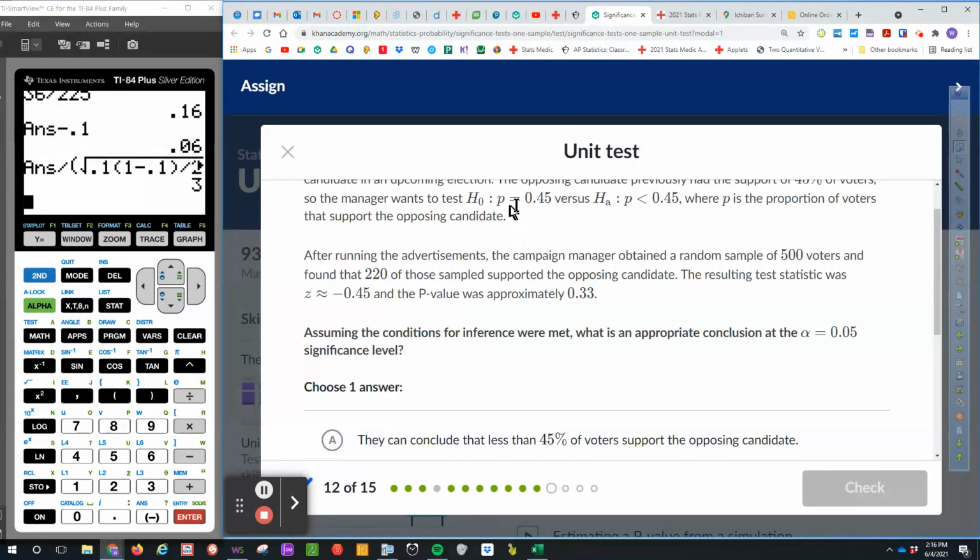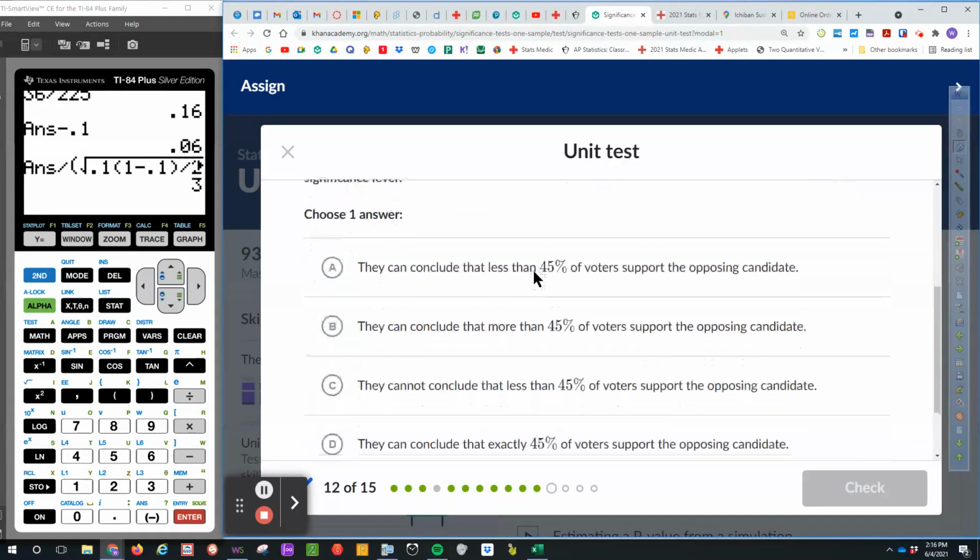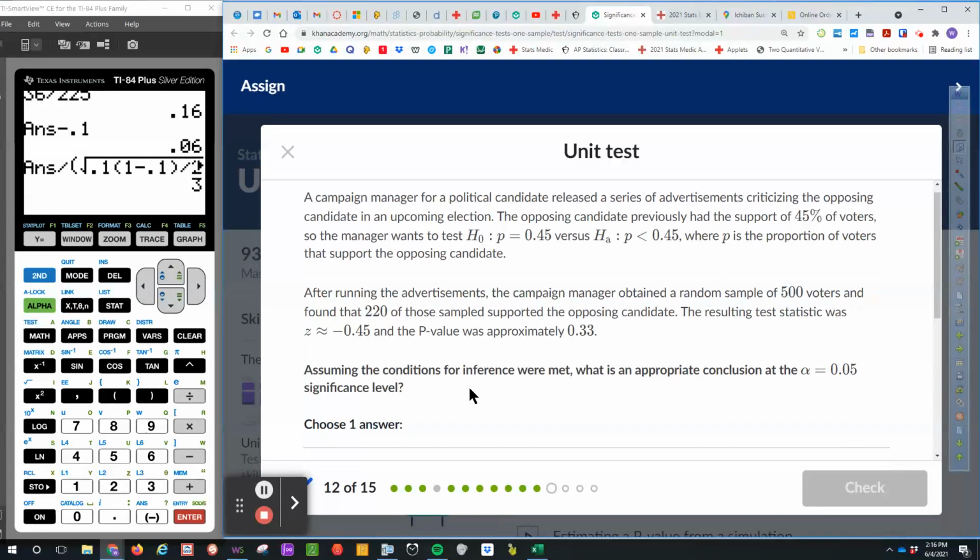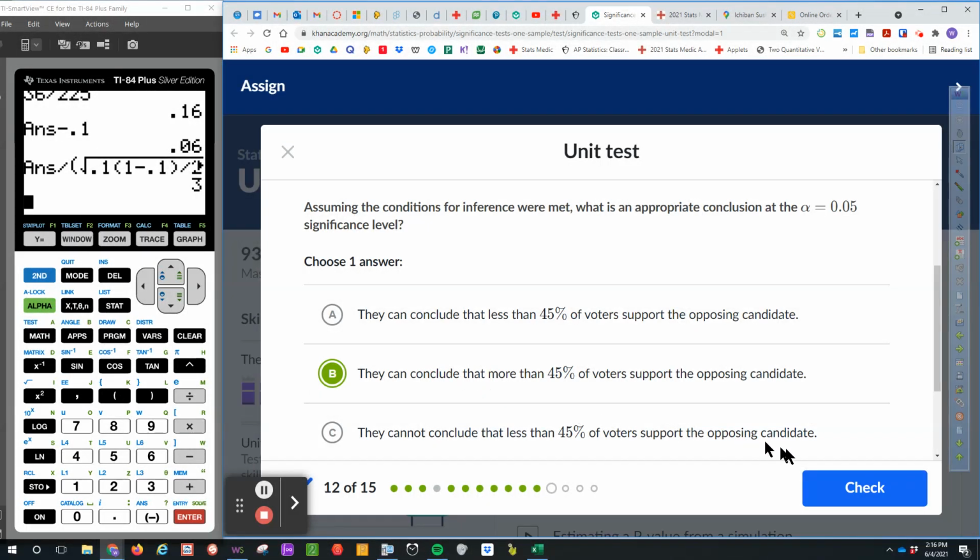No, we can't do that, because that's the null hypothesis and we cannot reject it. We didn't have enough evidence to reject it. So they cannot conclude.